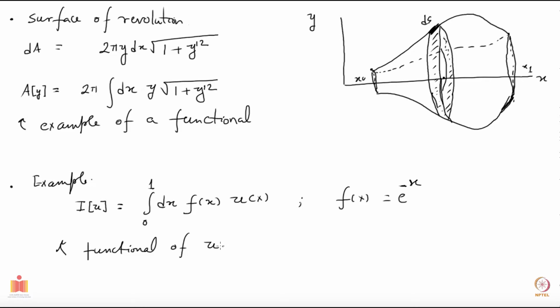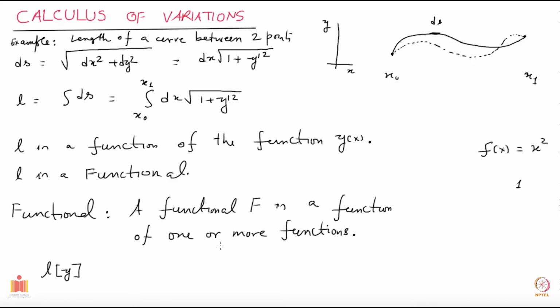Now it will happen that we will be interested in the maxima or minima of functionals. For example, you could be interested in asking what is that curve that will give you the minimum surface area of revolution, or in this example, given these 2 points x0 and x1, what curve gives you the minimum length of the curve. Okay, so for what function y the length gets minimized.